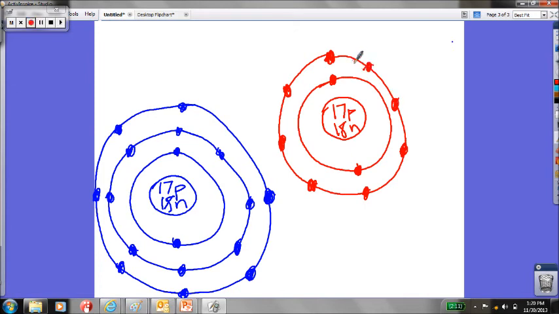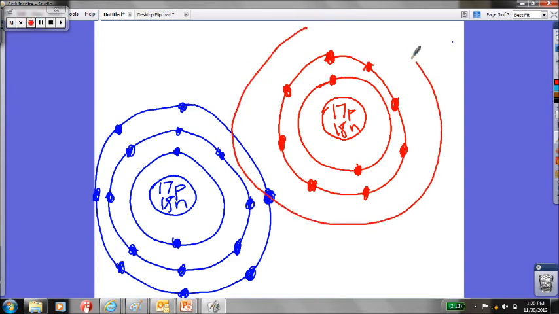And now, since my two chlorine atoms are going to be sharing a pair of electrons, this outer energy level is going to overlap. Okay, and I'm going to draw the remaining 7 electrons for this red chlorine atom. 1, 2, 3, 4, 5, 6, and 7.